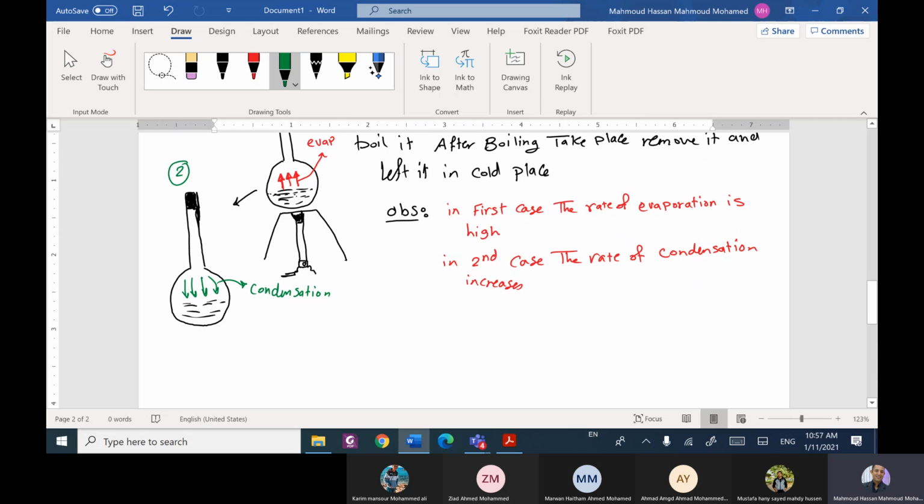Till an equilibrium takes place, where the evaporation rate is equal to the condensation rate.